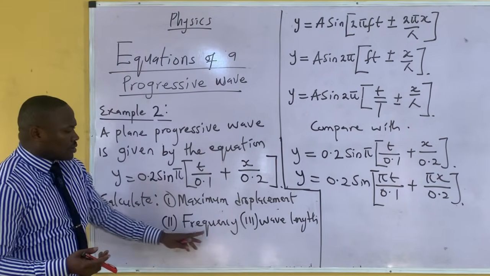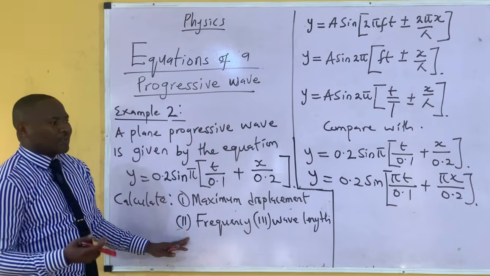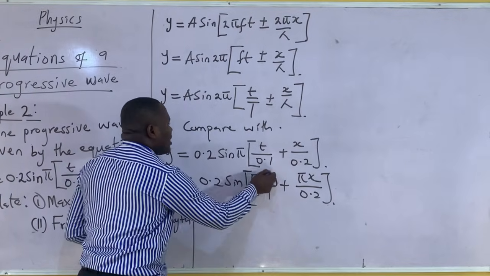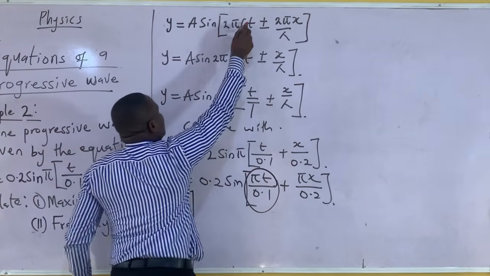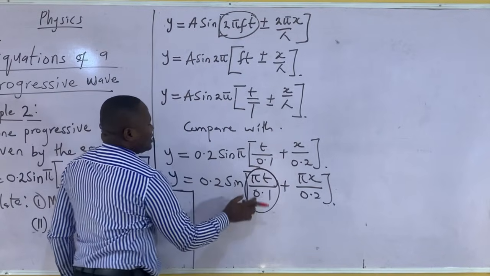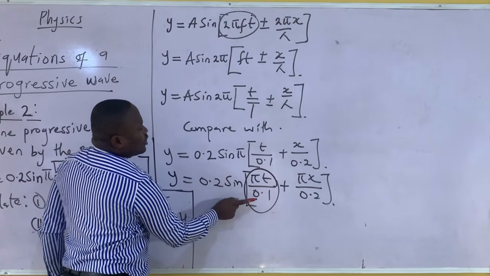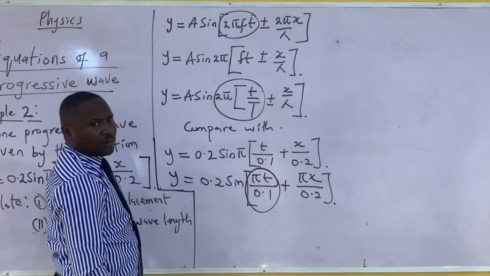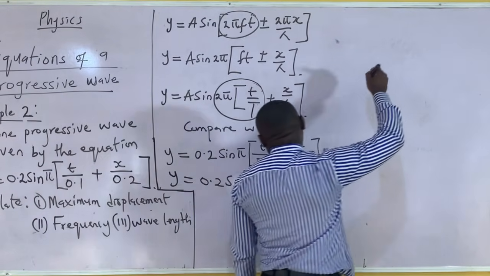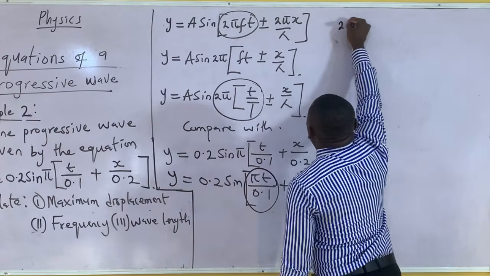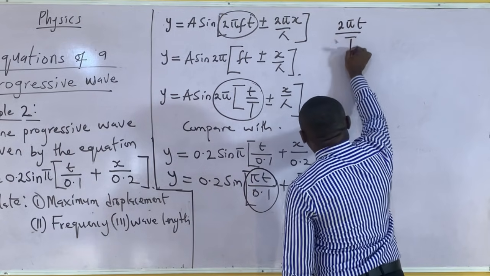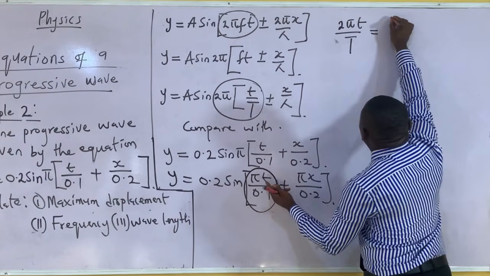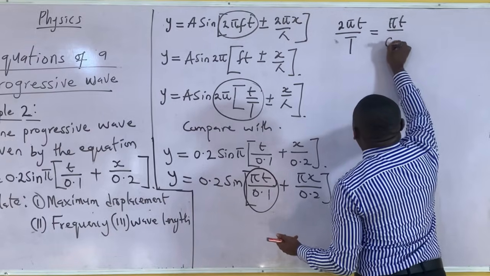Now also, my next question says, calculate the frequency. Still very simple. Frequency always goes with t. But for this case, this does not look alike, so I'm comparing this with this. Therefore, I'm solving by saying that 2 pi t over T is equal to pi t over 0.1.